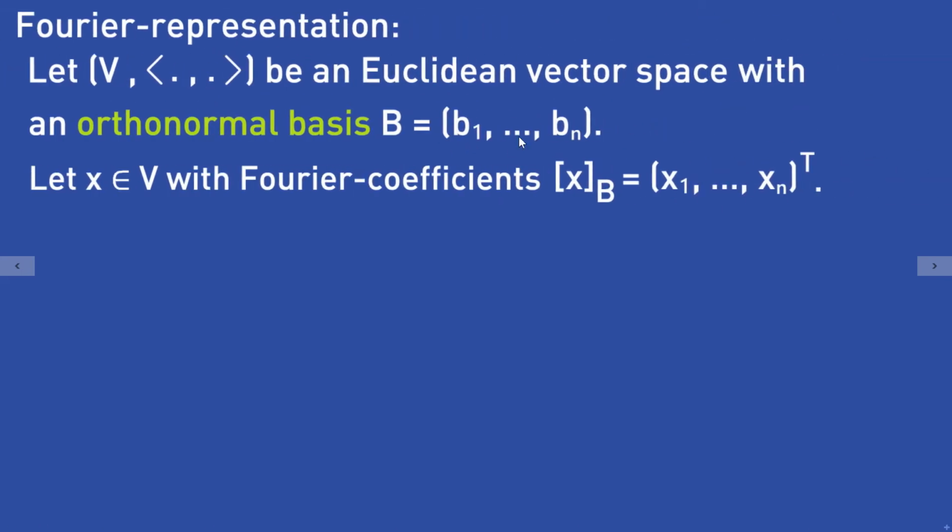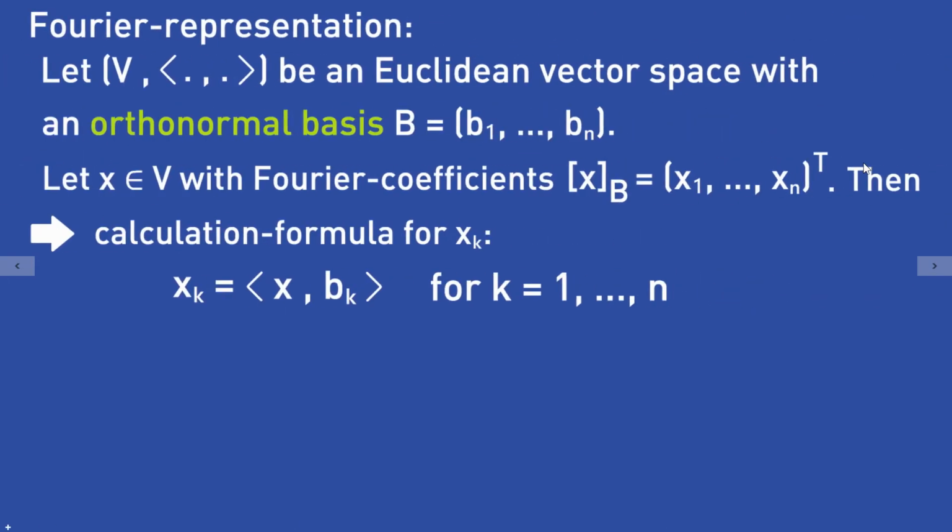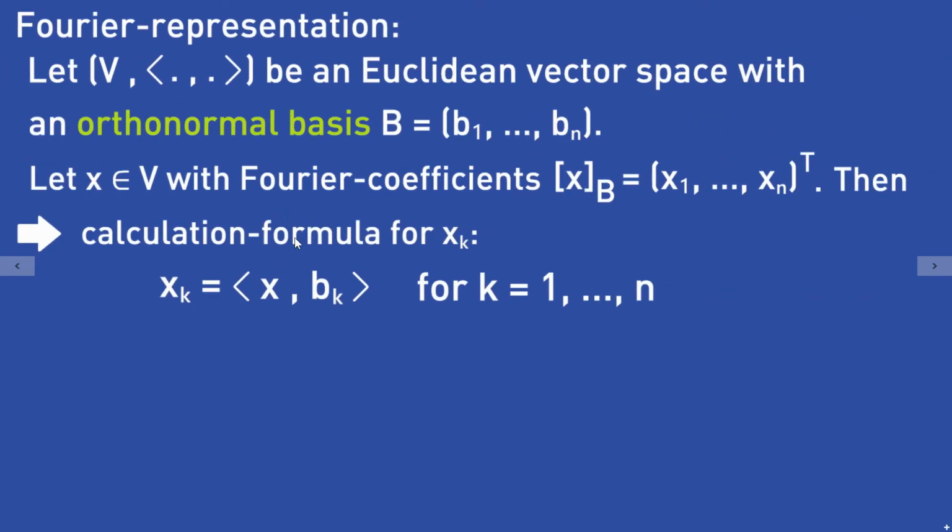Let x be a vector in that vector space that has the Fourier coefficients x1 to xn with respect to that orthonormal basis B. Then you can calculate these coefficients x1 to xn the following way. xk is equal to the scalar product of x with bk, for k equal to 1 to n.